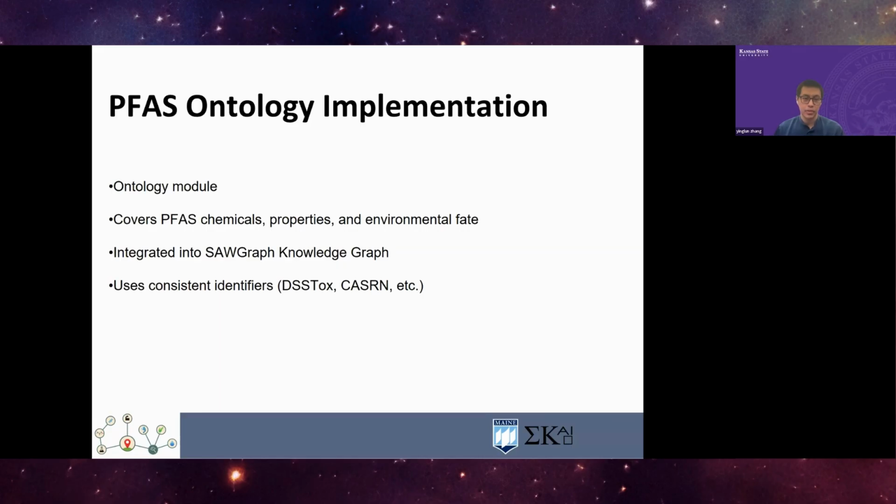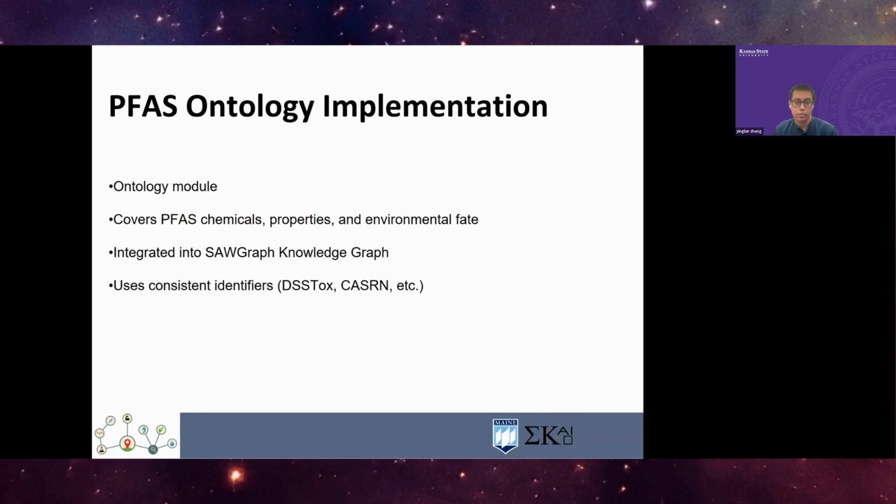Hello, my name is Yinglun Zhang, and I'm a PhD student from the Concordant Lab at Kansas State University under the supervision of Dr. McGinty. My work on the SAWGraph project focuses on developing the ComTox ontology, which is a structured knowledge framework for integrating mainly EPA's PFAS data. Based on the curated data, we designed and implemented the ComTox ontology.